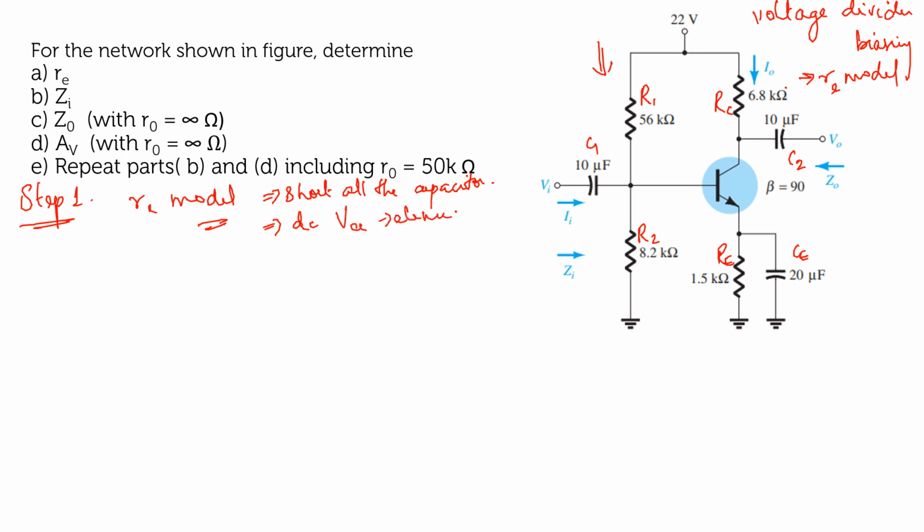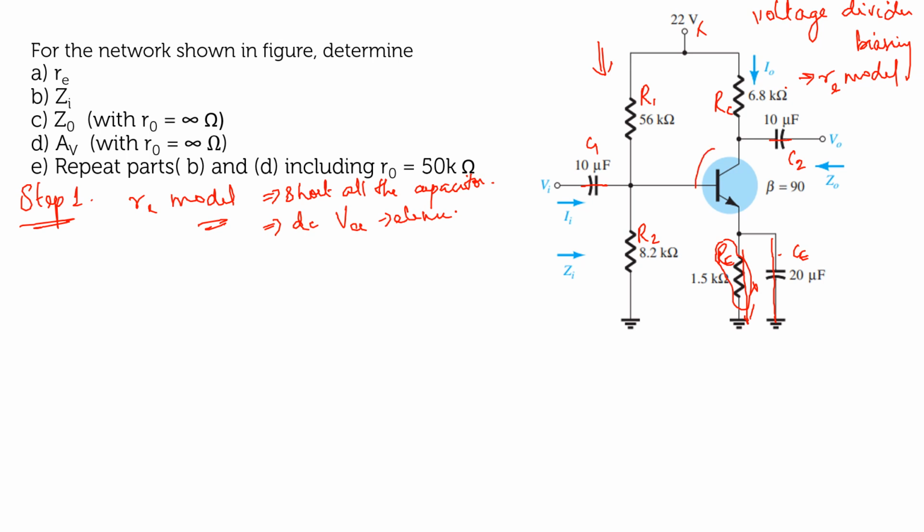So this will be shorted, CE will also be shorted. Due to the low impedance, RE also will be shorted. So your RE will not be included in the case of your RE model. Okay, so let me draw the RE model now.